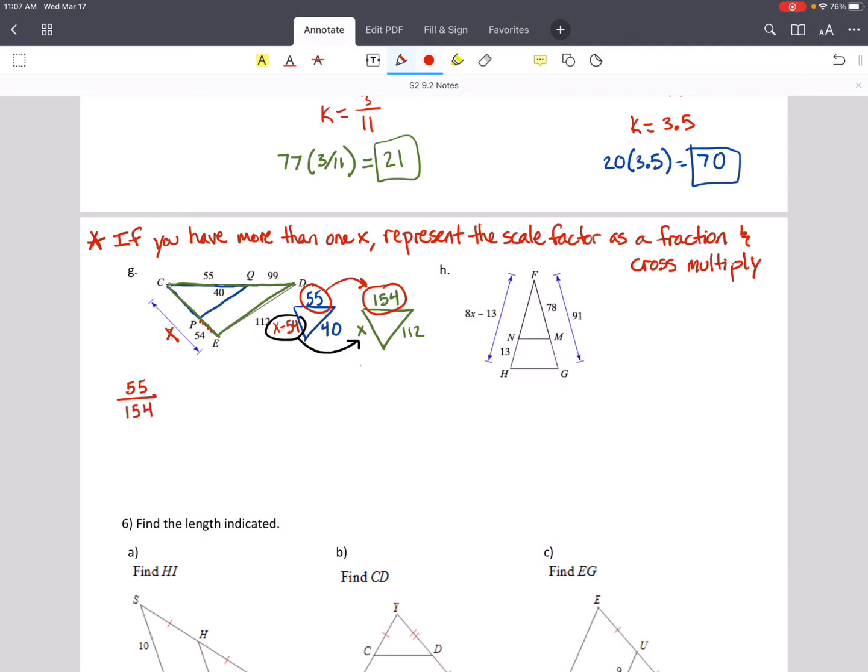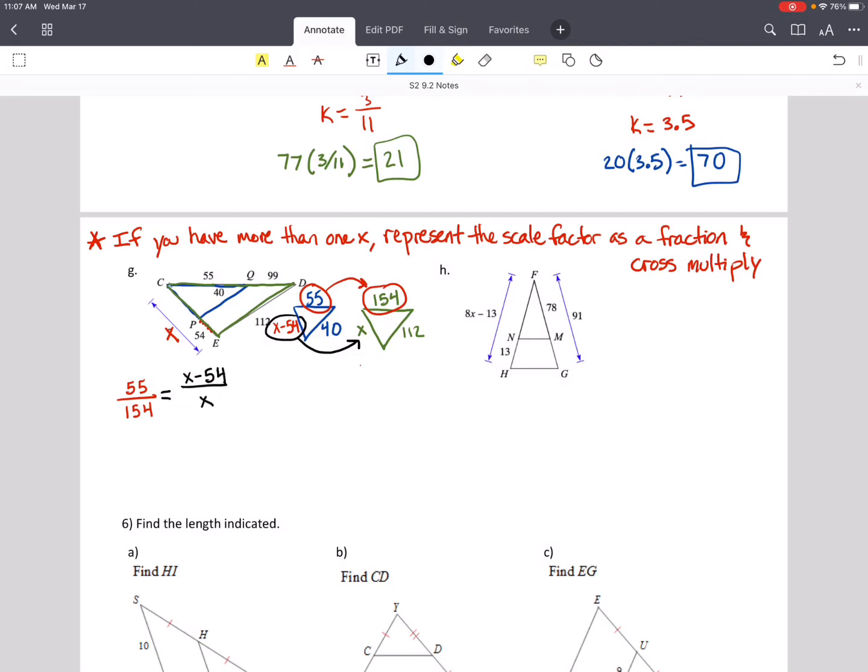I could also do it as 154 divided by 55. That's okay, as long as I'm consistent in direction between the blue and the green. So for this example, I've chosen to say 55 to 154, so blue to green. That means when I go to set up my other fraction, I can go blue to green.